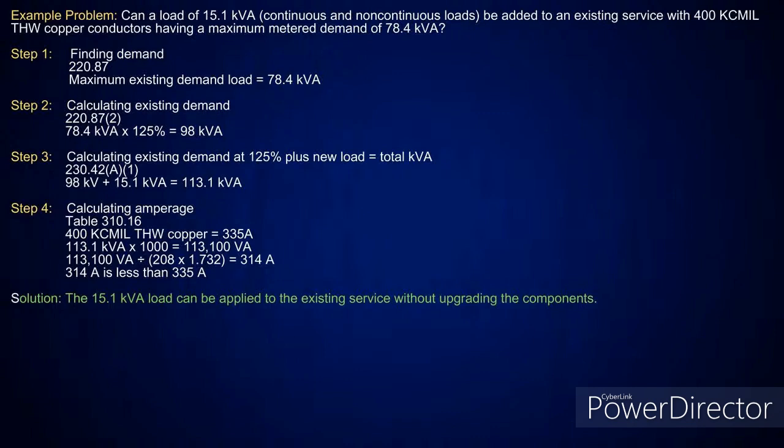I'm going to take that 113.1 kVA times 1,000, which gives you 113,100 VA. Then I had a 208 volt three-phase service here. I'm going to divide 360 into it, and that's going to give me 314 amps, which is less than the 335 amps for the 400 kcmil. Therefore, that 15.1 kVA load can be added to that service without having to upgrade the service and components.